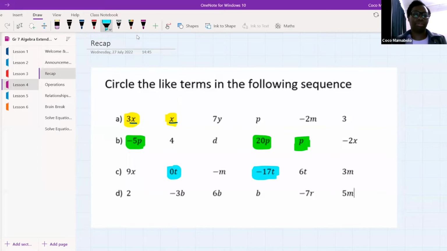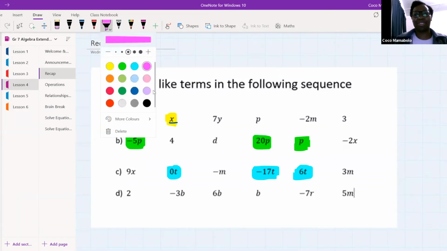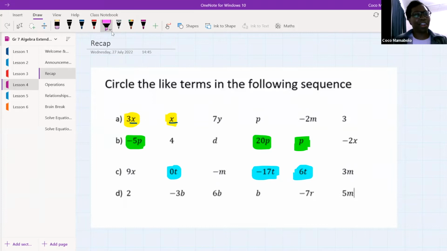Plus 6T. Good. Also 3M. Oh, excellent. I'm so glad you caught it. Oh, I thought you'd fall for my trick, but you didn't. -M and 3M. Oh, amazing. I'm so glad you didn't fall for my trick. Oh, I thought I was going to catch you guys out, but clearly not. Well done, Kungao. Very, very well done.